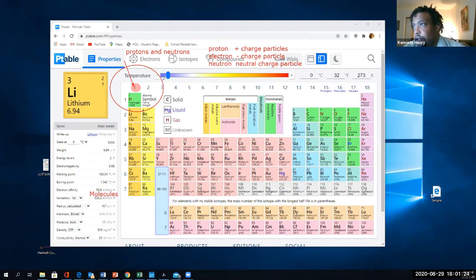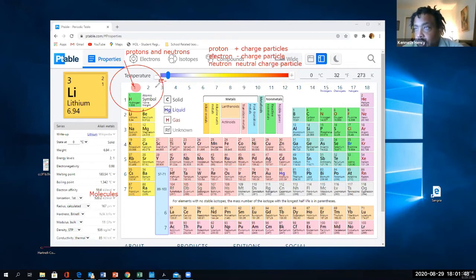Out here orbiting, kind of like how the Earth orbits the sun, are your electrons. They have different orbits that they do. We'll talk about that later. But for right now, just get the concept that electrons are on the outside, and protons and neutrons are in the middle. You guys are good so far?